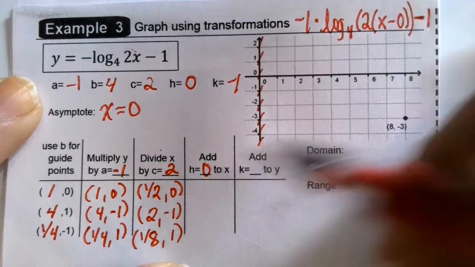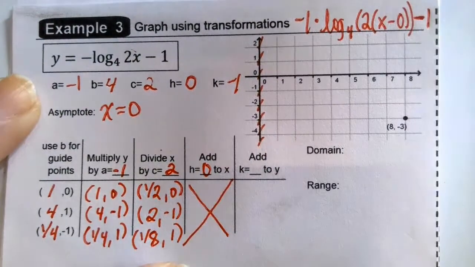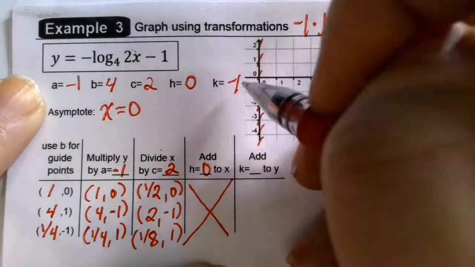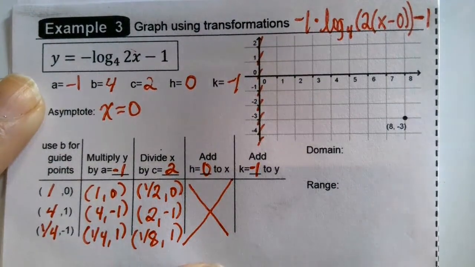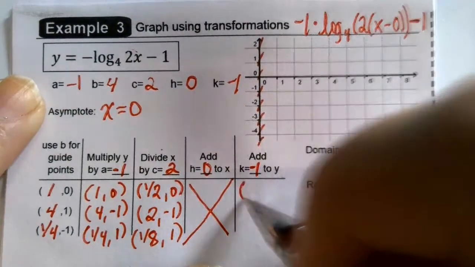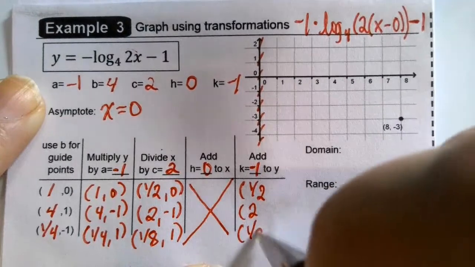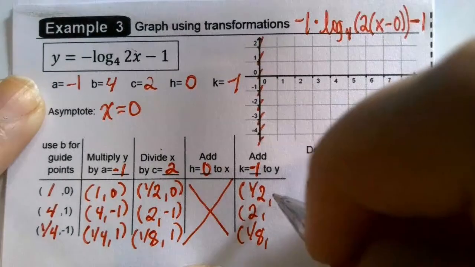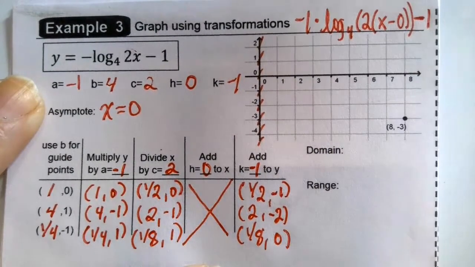Adding 0 to any number isn't going to change that number, so we can skip over that transformation. And then our vertical translation is down 1 unit, so we're adding k equals -1 to each of these y coordinates. So the x's are all going to stay the same, and then the y's all decrease by 1. So -1, -2, and 0.